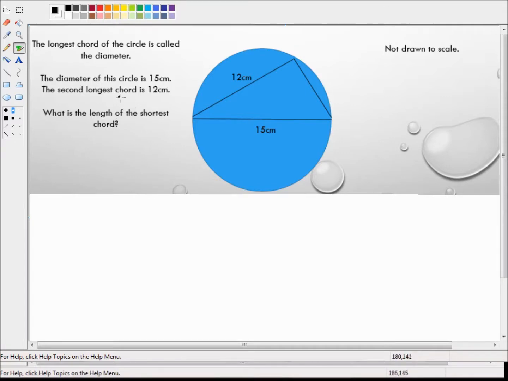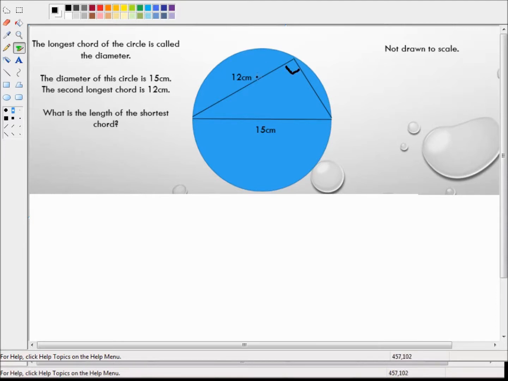We are explicitly told in this question that this 15 centimetre chord is the diameter, and that's important because if two chords subtend a diameter at the circumference, then they must be at right angles. That's one of the circle theorems.